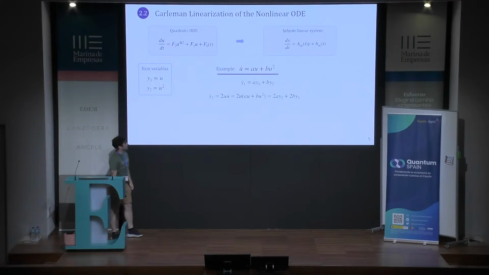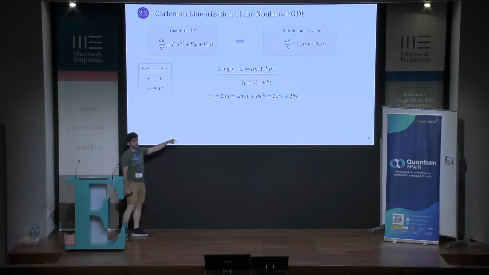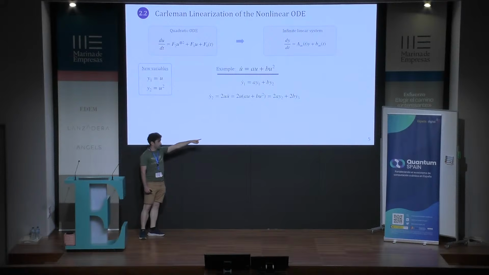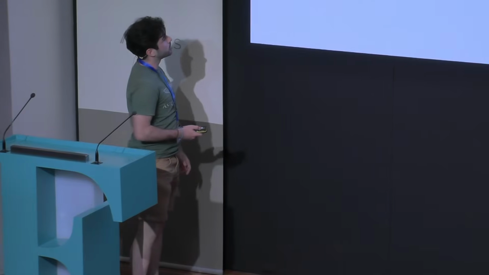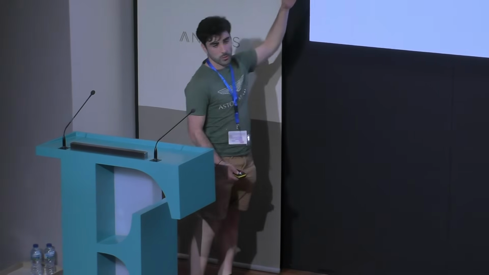The problem is that, as you can see, y sub 2 appears in the equation for y sub 1, and therefore we also need to solve the dynamics for y sub 2. Therefore, we end up with another equation for y sub 2, where now y sub 3 appears. This is more or less the idea of this procedure, in which we have to create more and more new variables in order to solve the whole dynamics.